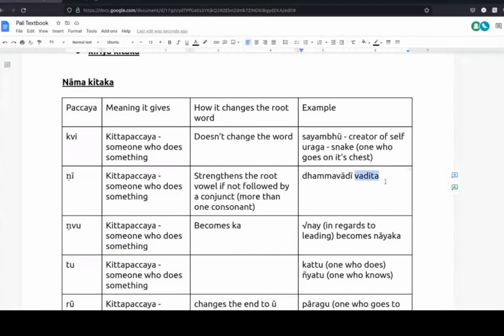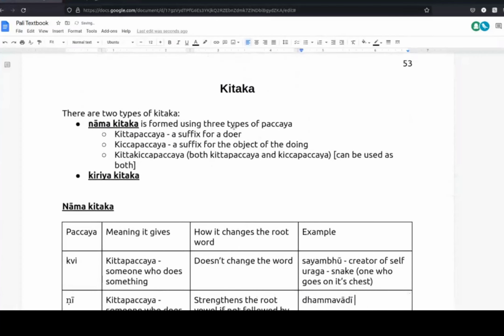So that's what this means. We've got kita and kitcha. If you use this kind of suffix, or let's just say some kitaka are going to be active, so the thing is doing the verb. Some are going to be passive, so they're going to be the thing that is being done, like as I showed you, vadita.